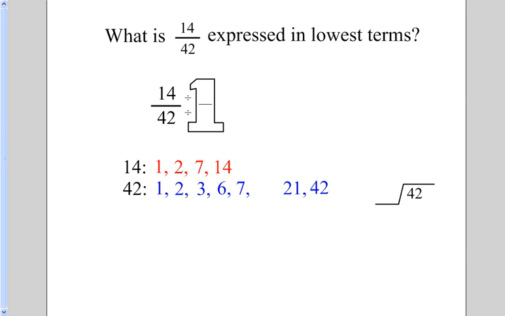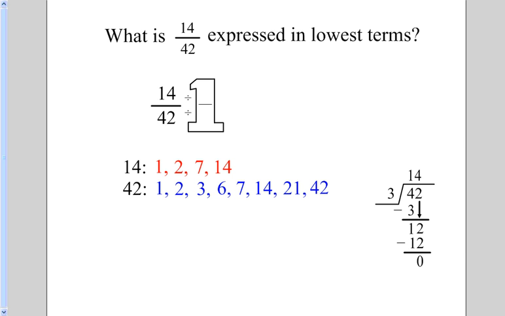Here's 42 divided by 3. 3 goes into 4 one time with 1 left over, and we can bring down a 2. And 3 goes into 12 4 times. So 14 is the other factor that goes with 3 to give us 42. So 3 times 14 equals 42.